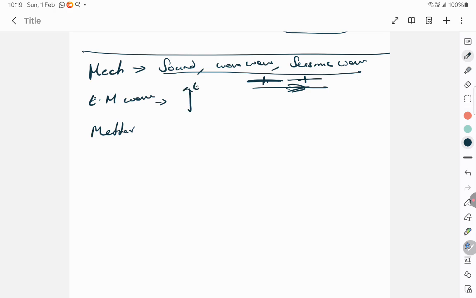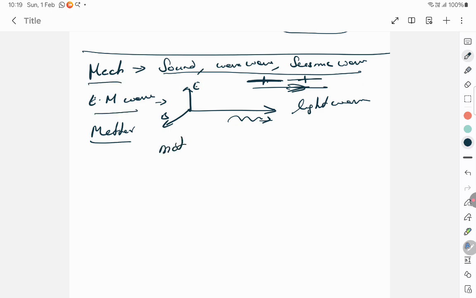Electromagnetic wave is where there is an electrical and magnetic vibration, E and B, which is happening perpendicular to the propagation of the wave. Then we call it an electromagnetic wave. The example for it is light wave. Next is a matter wave. A matter wave arises due to motion of subatomic particles. What is a subatomic particle?